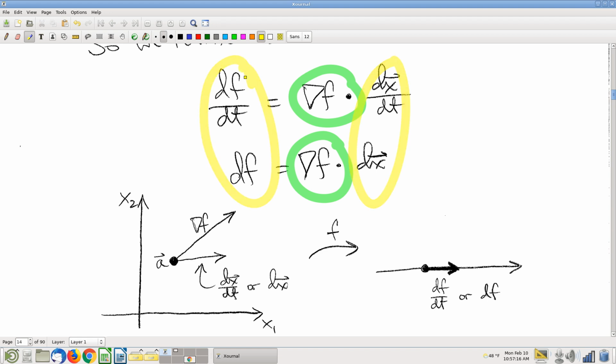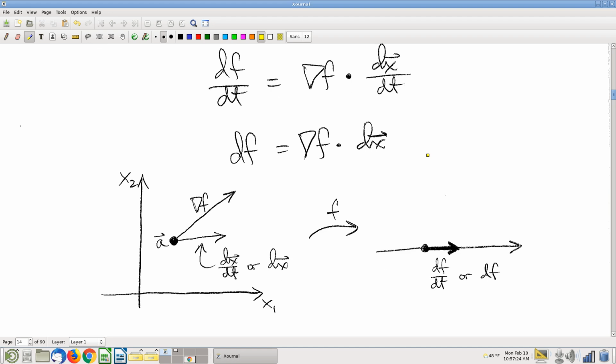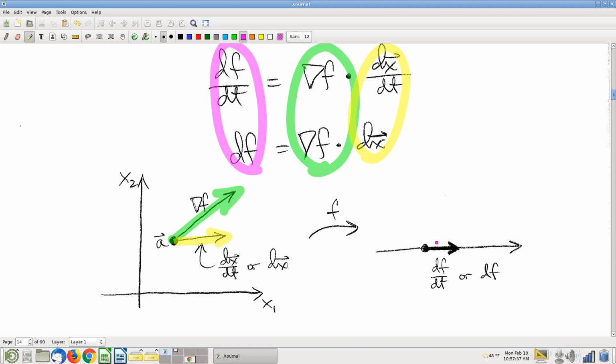Of course, that's our big perspective on what derivatives are. Derivatives are relationships between input changes and output changes. Let me color code, by the way, here on the picture. The gradient vector. That's the thing that you dot with input changes to get the corresponding output changes.